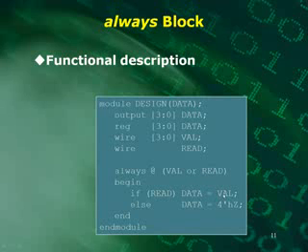So if read is true, data becomes val. Otherwise, data becomes tri-state. Okay, so this format would describe purely combinational logic. Okay, notice that we use the blocking assignment, the equal sign.